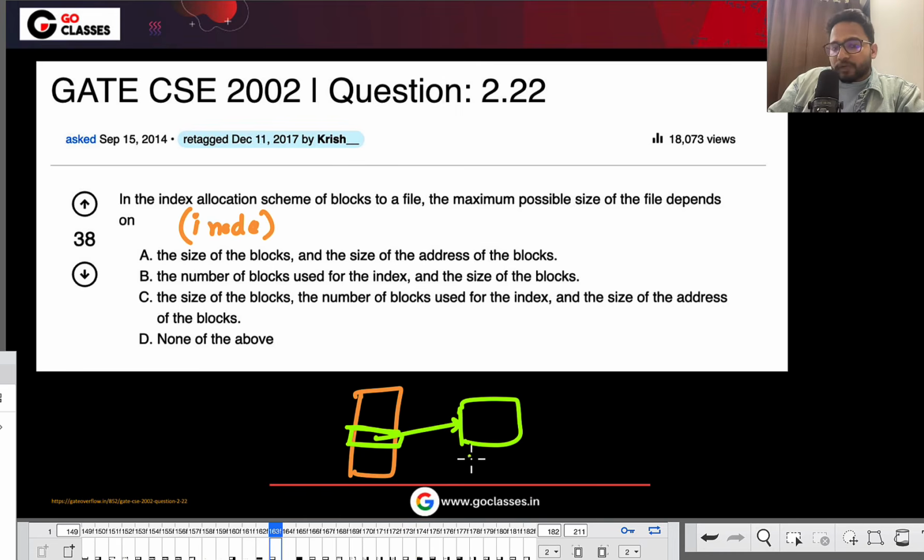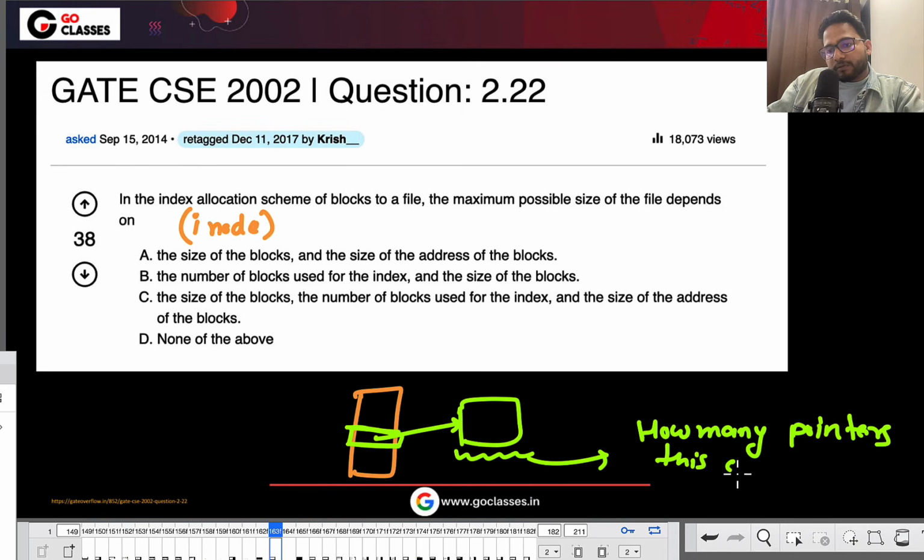In other words, how many pointers can this hold?